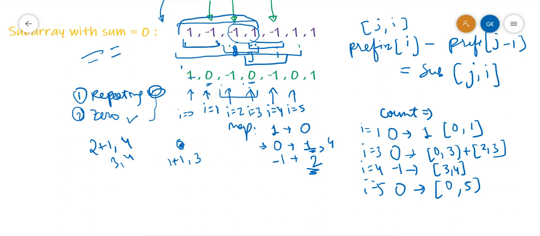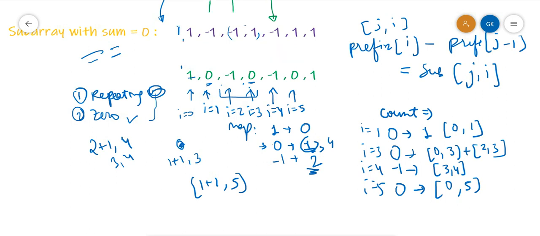So there will be a subarray from this 1 plus 1 till our current index, which is I, which will be having subarray sum equal to 0, from 2 to 5. And 0 was also present at 3.